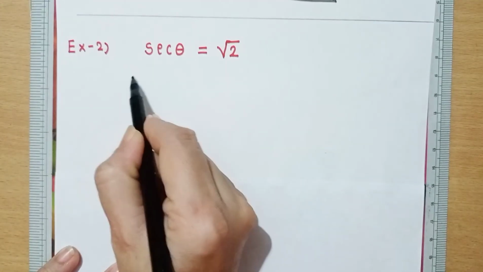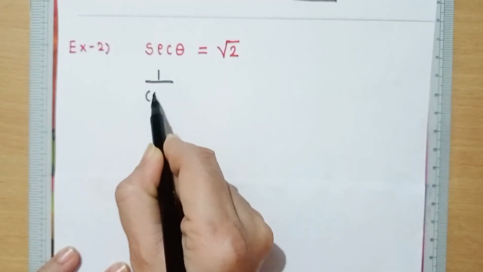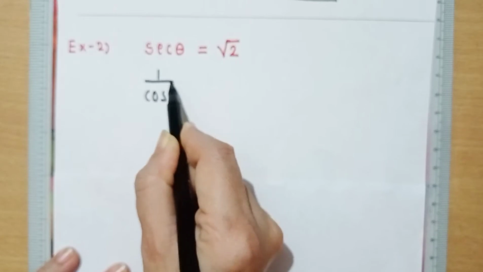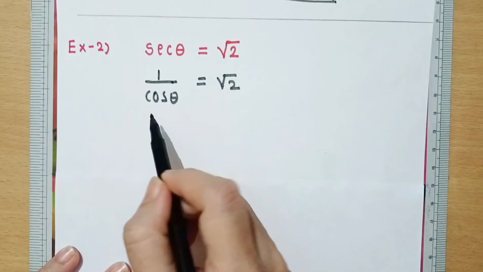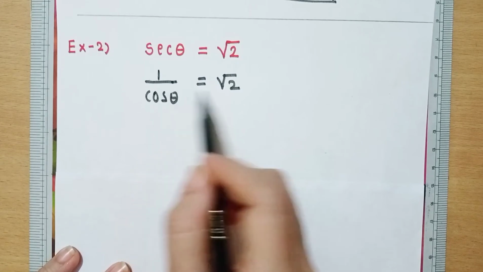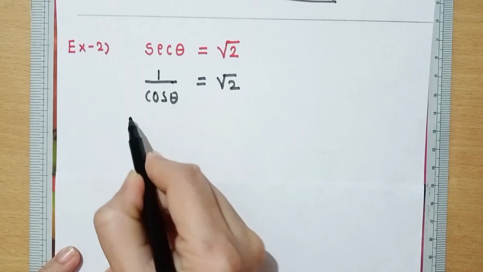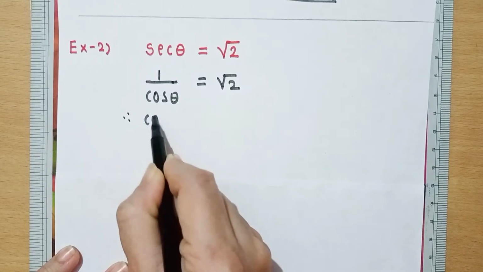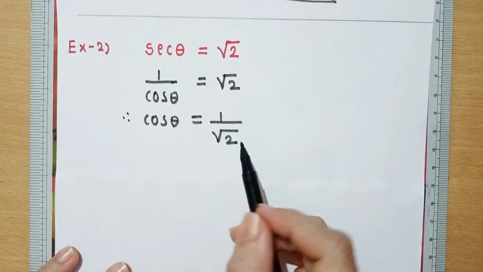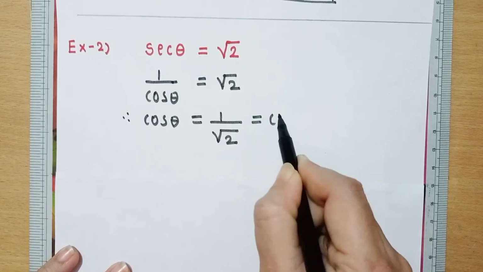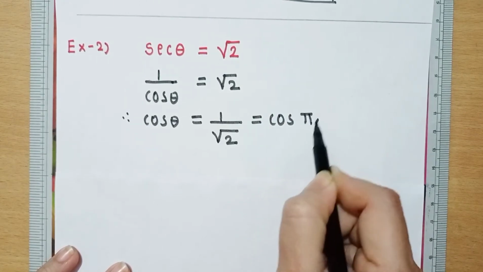So sec means 1 upon cos. So here we will write 1 upon cos theta equal to root 2, and again only we want cos theta, so again taking reciprocal on both sides, and therefore cos theta is 1 upon root 2. Again we know that this value is for cos 45, means cos of pi by 4.